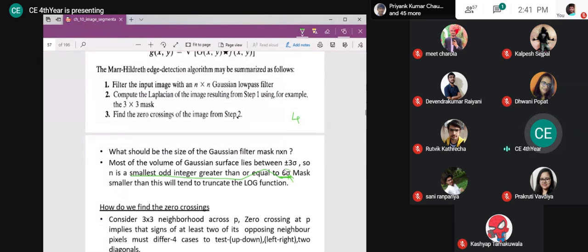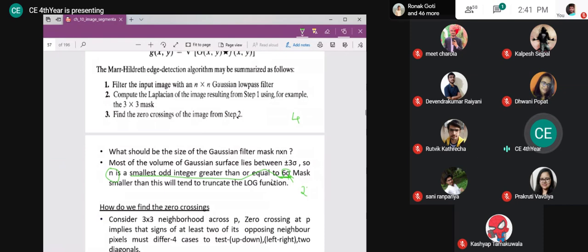So what will be 6 sigma? It will be 24. What will be my mask size? It will be 25 cross 25. Why? Because it is the smallest odd integer over 6 sigma. Smallest, because you know that we take n cross n, where n is odd in that case, right?